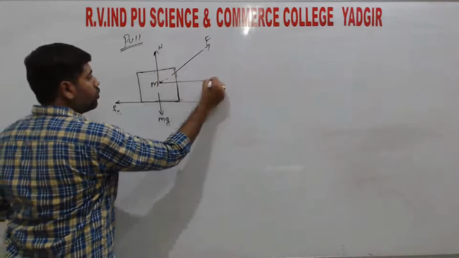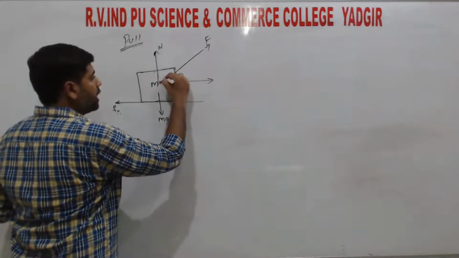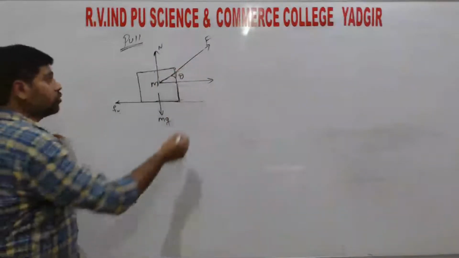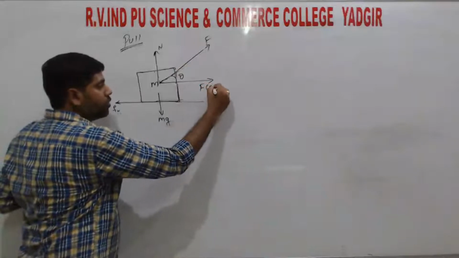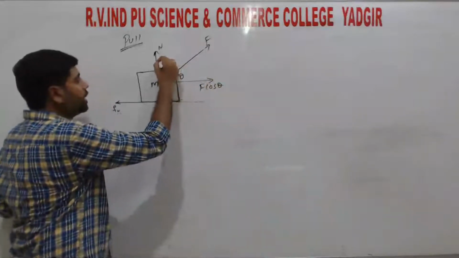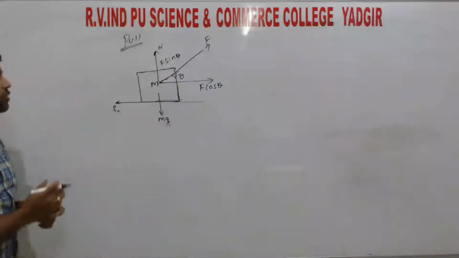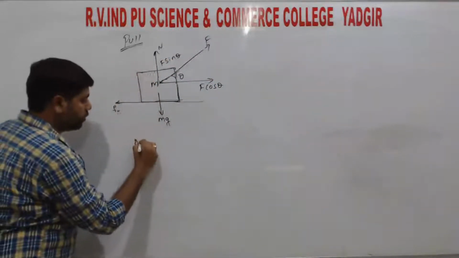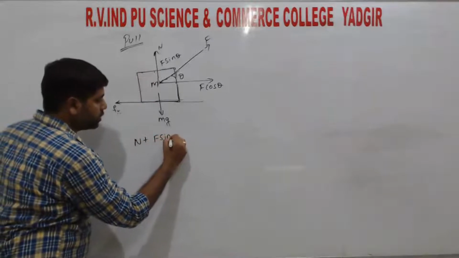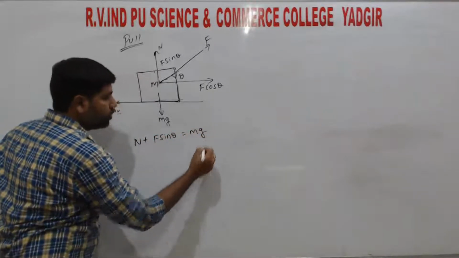normal. So along the horizontal we can take angle theta, right? So here we take f cos theta, and here we get f sin theta, right? So n plus f sin theta is equal to mg.